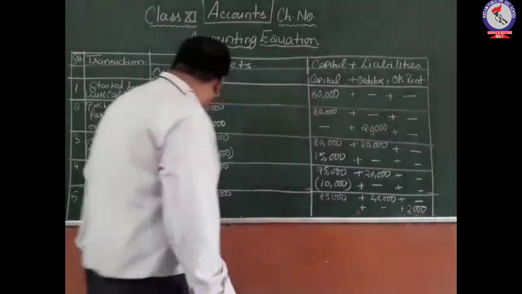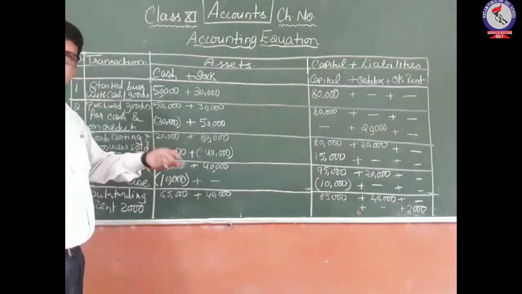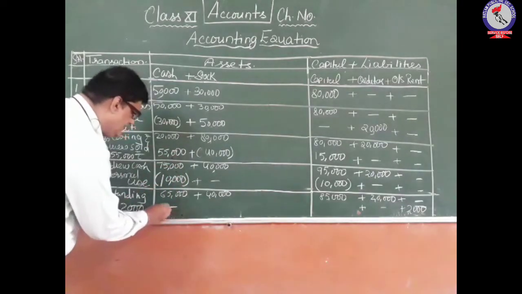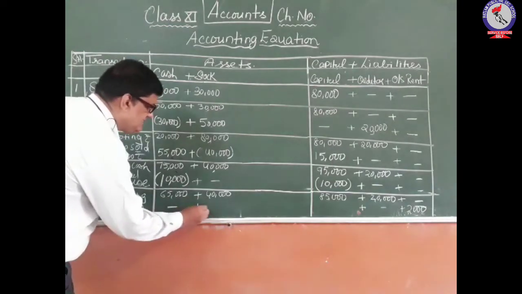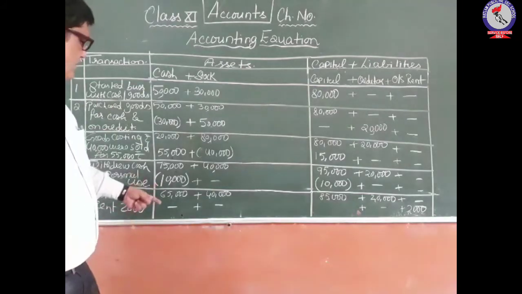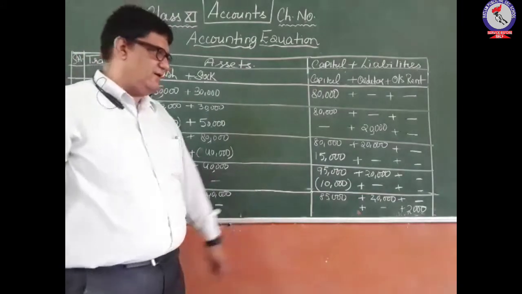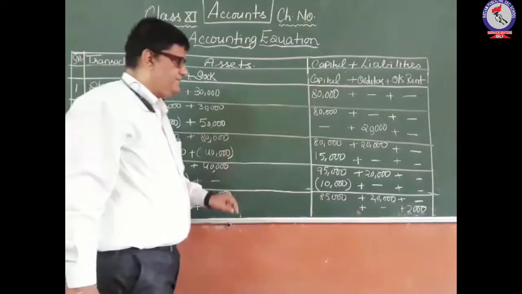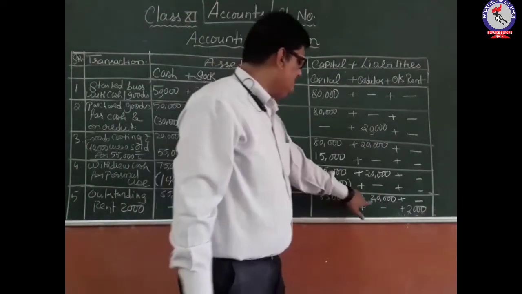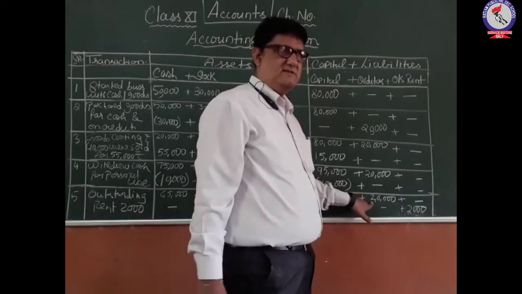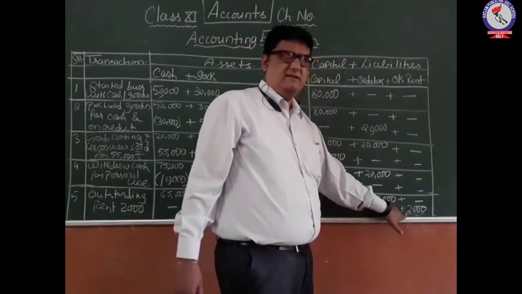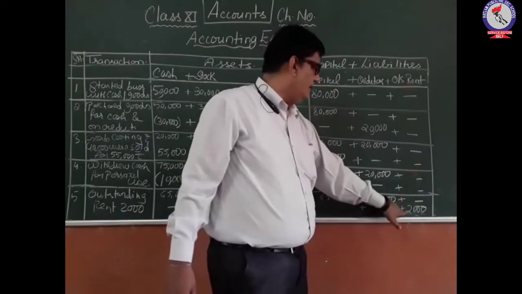Now cash, so there will be no change in cash also because we have not paid the money, so no change in cash, as well as no change in the stock because it is not related with the stock. So total of asset side shows 1,05,000 and here 85, already we have got the capital previously 20, so 1,05,000 is already the previous total, but now there is 2,000 rupees in this adjustment which has increased your liability.